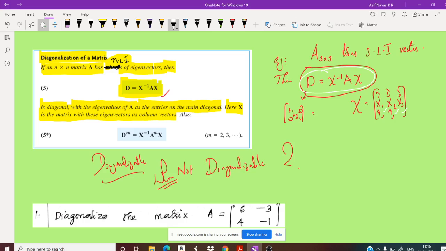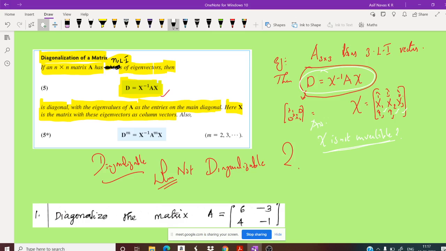The matrix A is not diagonalizable if X is not invertible.